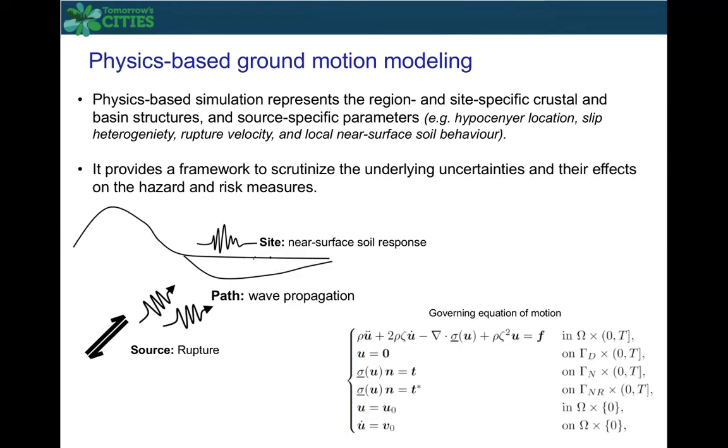An alternative approach for ground motion modeling is to use simulation.